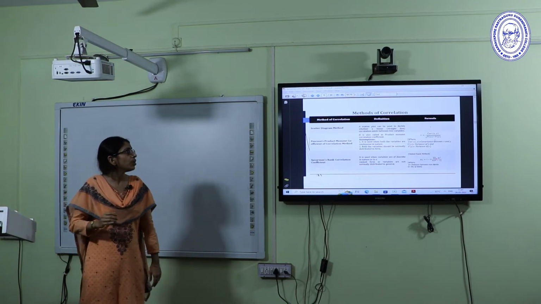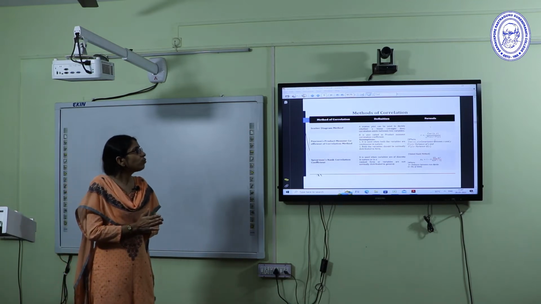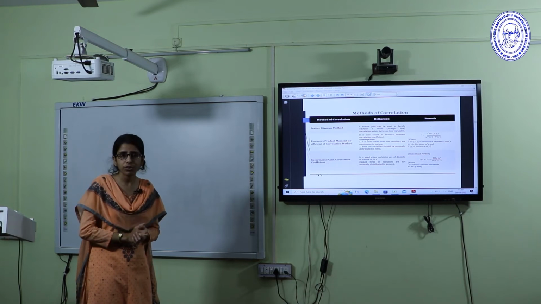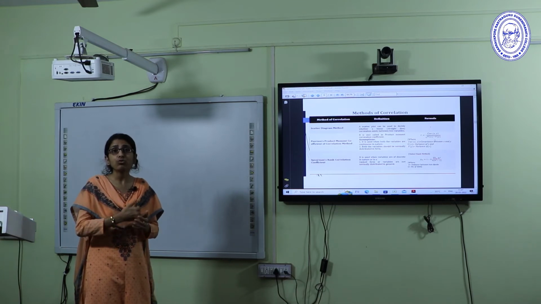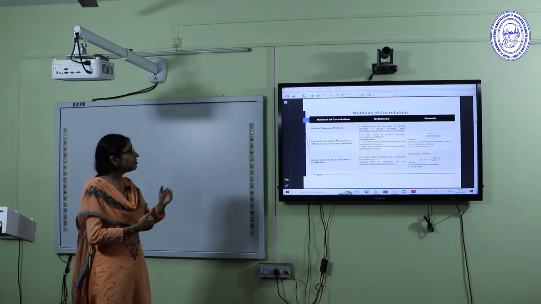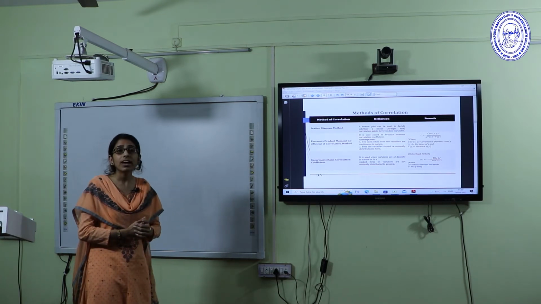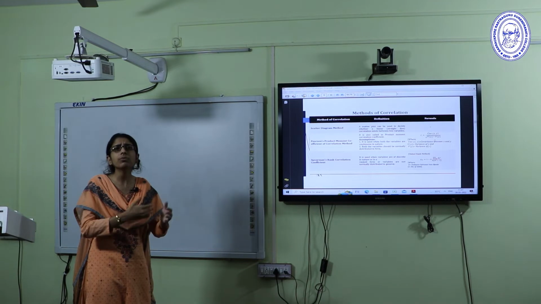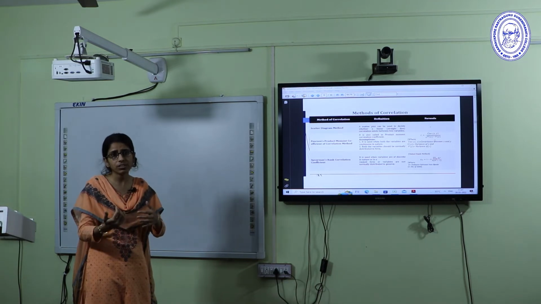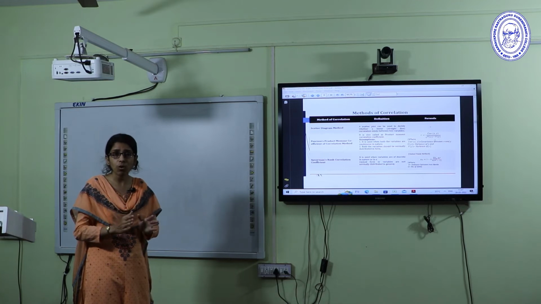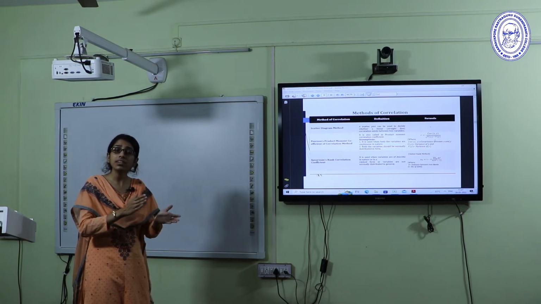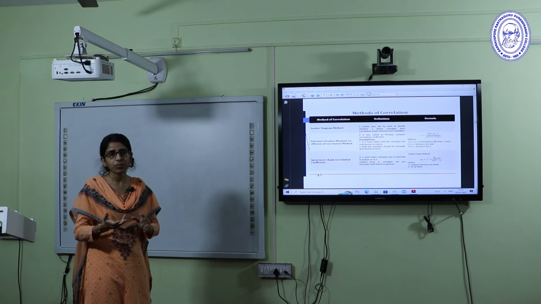Now, we can go through the methods of correlation. That is, what are the different methods through which we can see the correlation and its nature, whether it is positive or negative, whether there is any type of correlation or not, or whether it is linear or curvilinear.